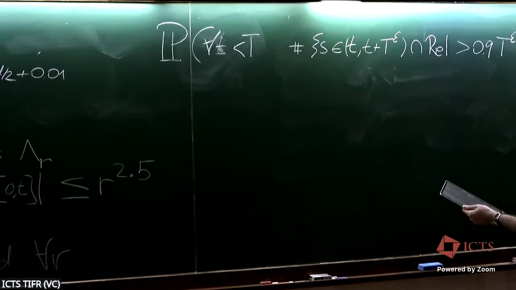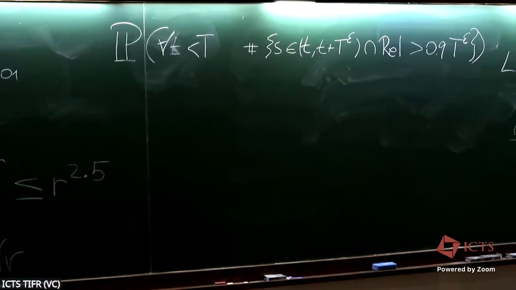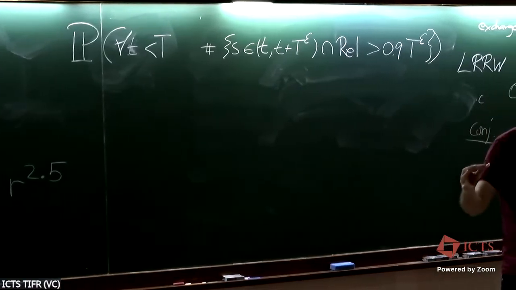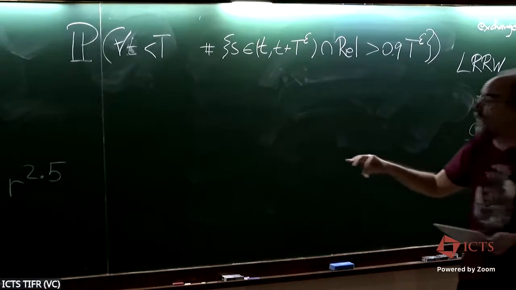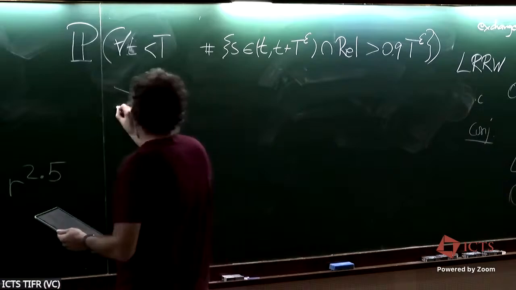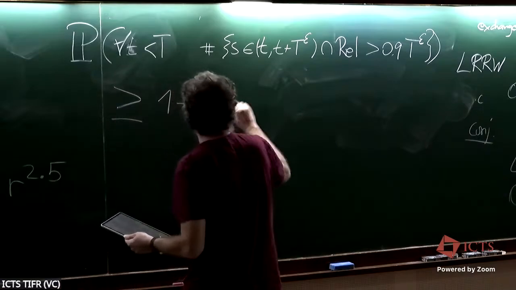So 90% of the points are relaxed. I don't require all of them to be relaxed. I require 90% of them to be relaxed, and I need it everywhere. This probability has to be extremely large, so super polynomial, let me put it like that.